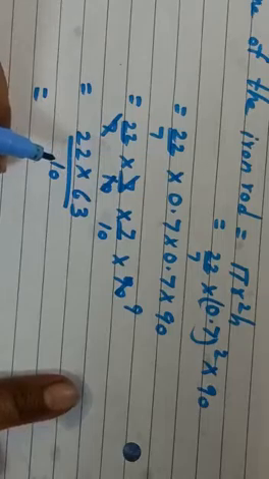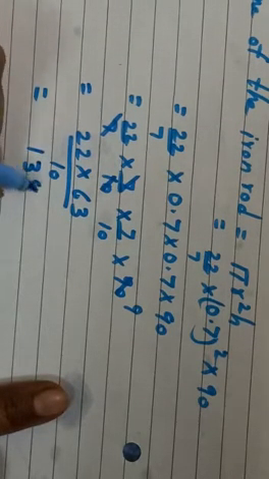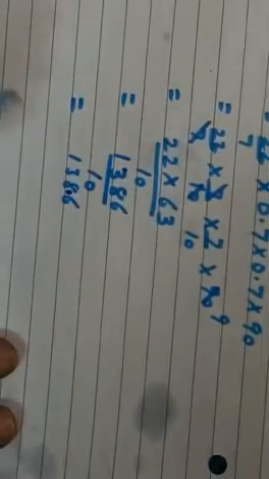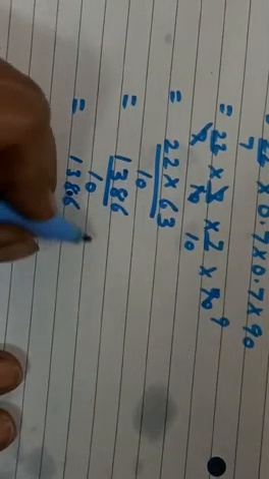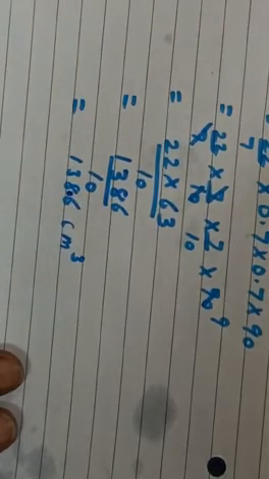You will get 1386 upon 10. So now write 1386. Now 10 is in the denominator, so after the decimal point there should be only 1 digit. So what's your answer? This is volume, so it will be in cubic centimeter.